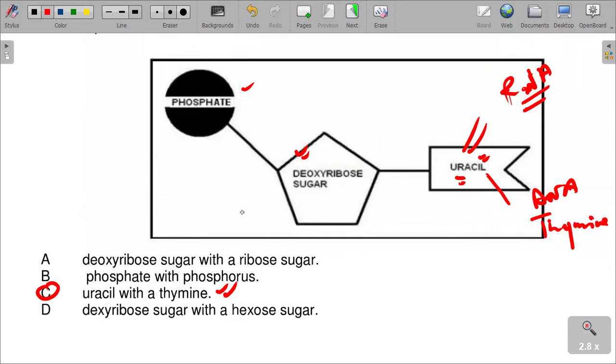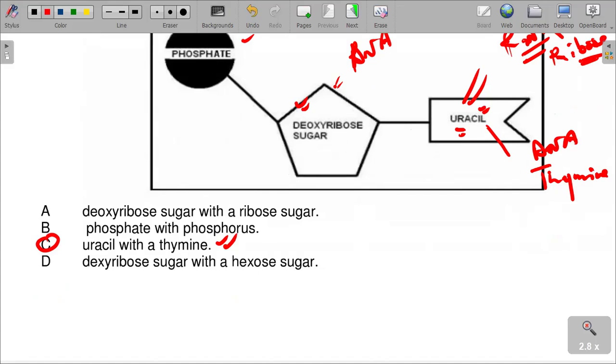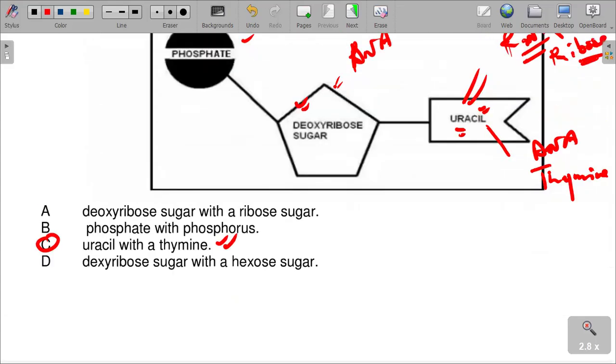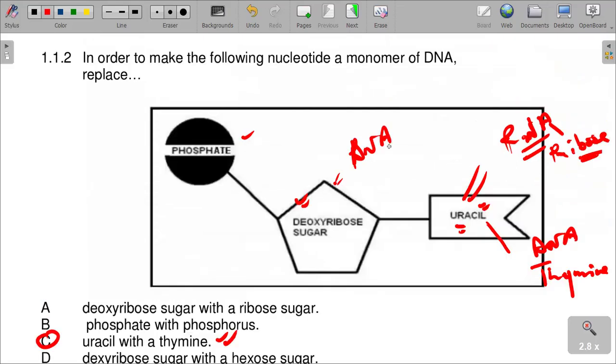You can see we have the phosphate and the deoxyribose sugar, which is in terms of DNA. If it was RNA, it is the ribose sugar. So DNA has deoxyribose sugar. That is one thing we need to take note of. Remember, we are just comprehensively revising right now.